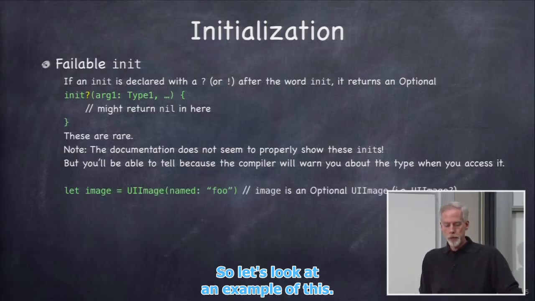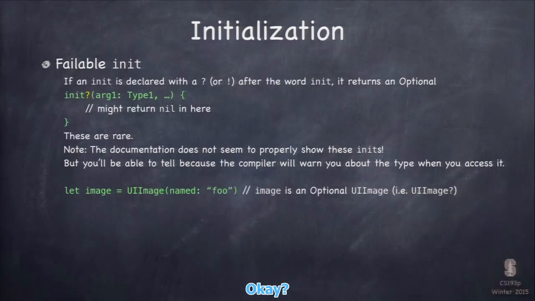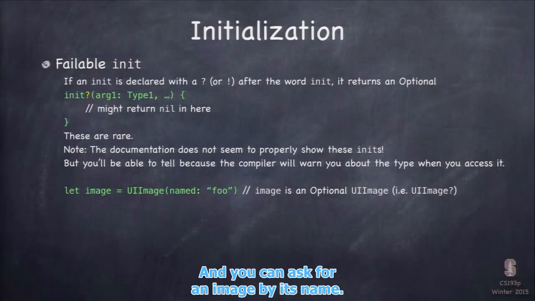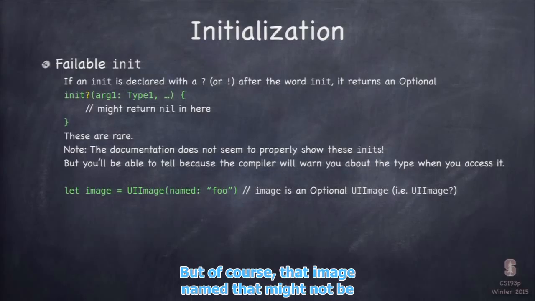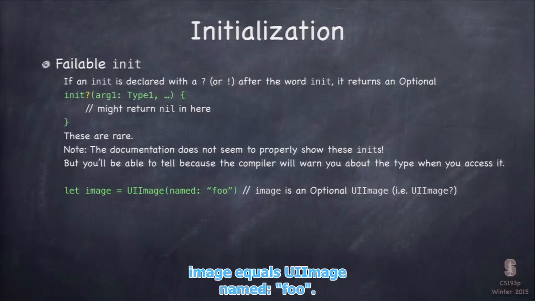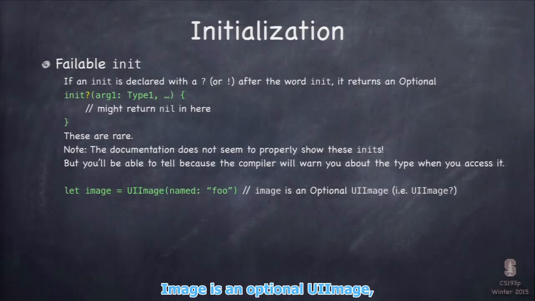So let's look at an example of this. UIImage, it's a class in UIKit. And it returns an image. And you can ask for an image by its name. But of course, that image named that might not be anywhere in your project. So this thing can return nil. So in this case right here, image equals UIImage named foo.